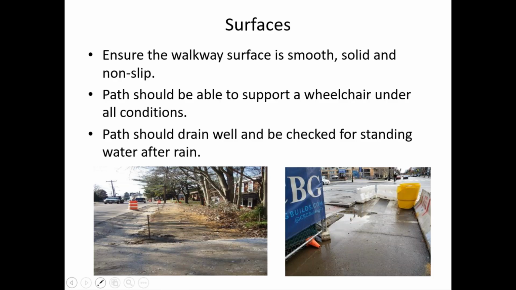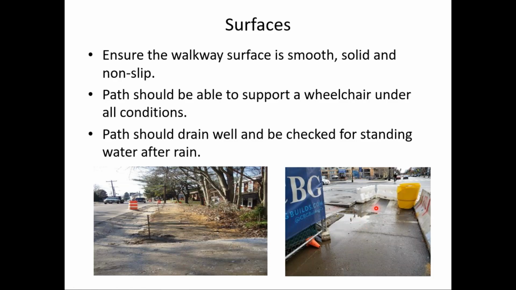You know, this time of year right now, in Morgantown, our ground is frozen solid, but in a few days or weeks, whenever we have our thaw, the ground may be very soft because of the thawing earth. And so it's not going to be able to support a wheelchair under all conditions. And the path should be well drained and should be checked for standing water.